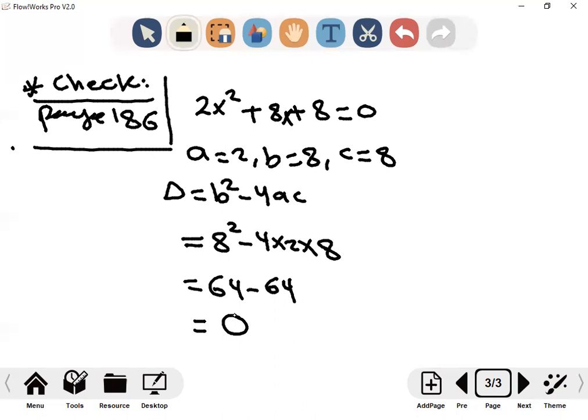Minus b plus minus square root of delta, which is 0. So minus b, which is minus 8, over 2a, which is 2 times 2, minus 8 over 4, which is an integer, not irrational, a whole number, no decimal.